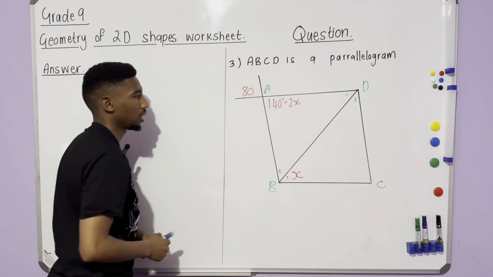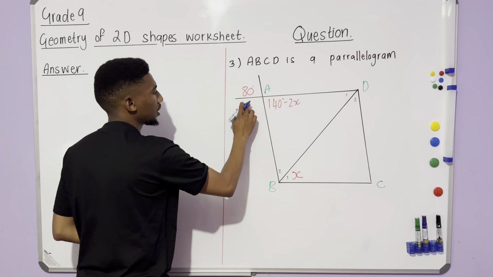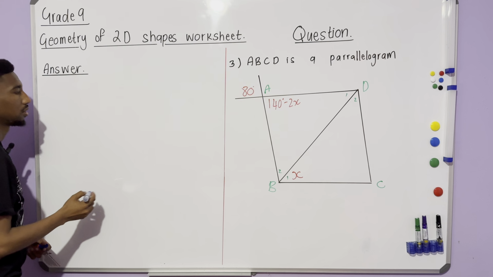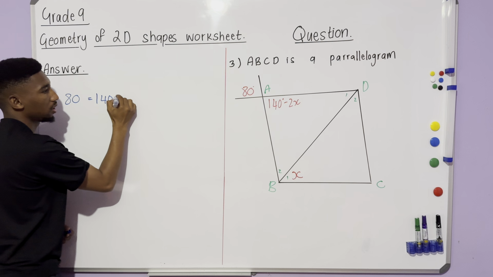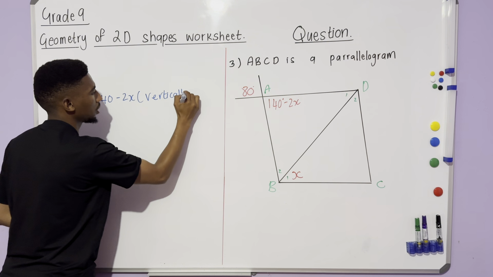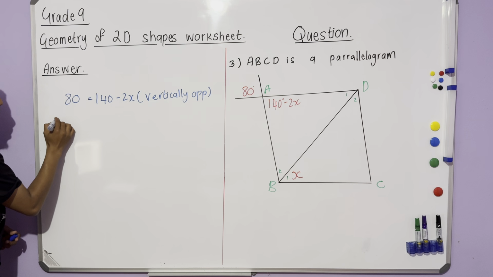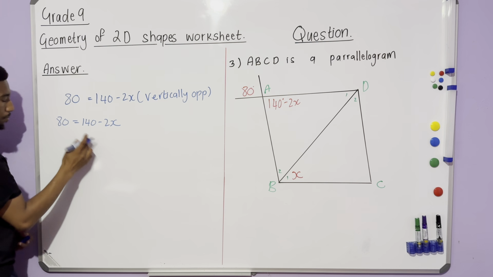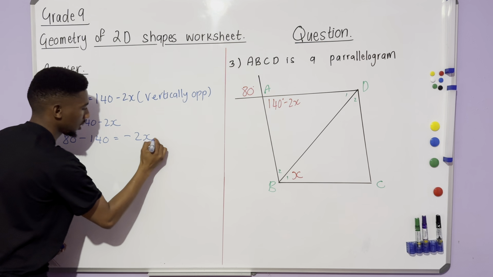ABCD again is a parallelogram, and there we have that diagram. Immediately what catches my attention is these two vertically opposite angles. I will say 80 is equal to 140 degrees minus 2x. The reason is vertically opposite. Then I have this equation: 80 equals 140 minus 2x. 80 minus 140 equals minus 2x.